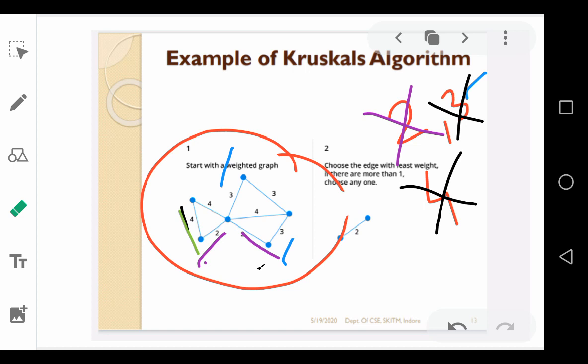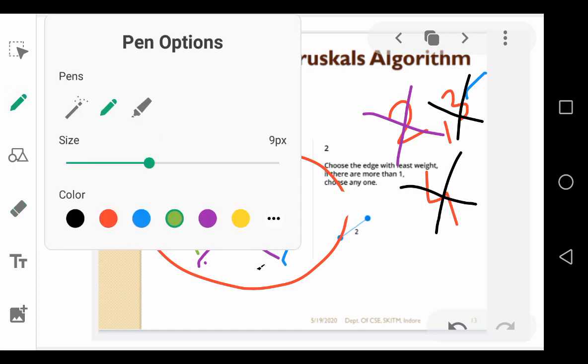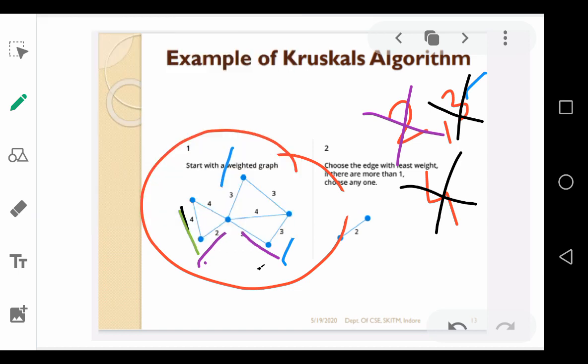So here what we are getting at last is this, and it is connecting all the vertices of the graph.